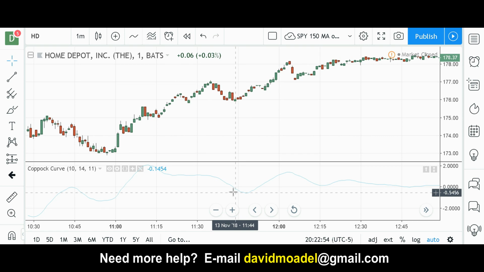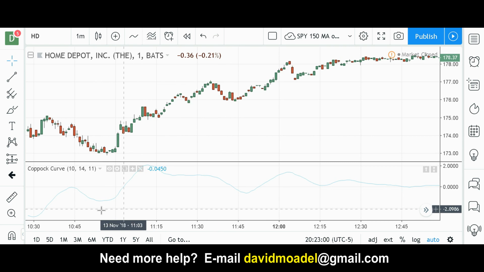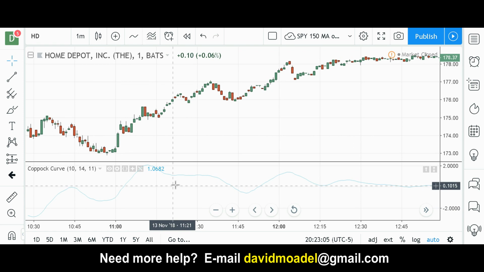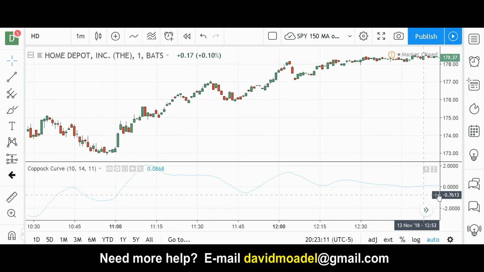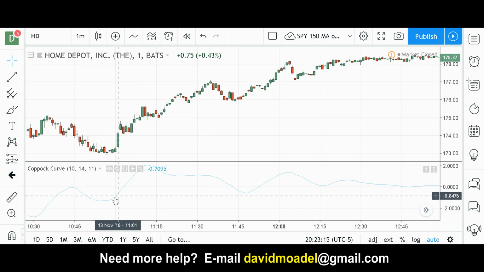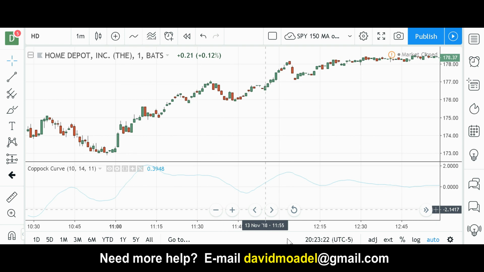It's not like RSI or stochastics where you have an oversold line and an overbought line and that kind of thing. At least not in the basic version of this Coppock curve. It's really just, is it above or below zero, and what general direction is the Coppock curve line going? Is it generally going up, or is it generally going down? So that's one way to use it.